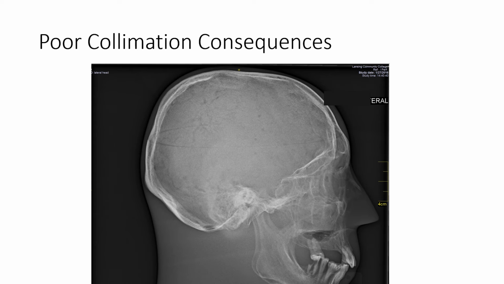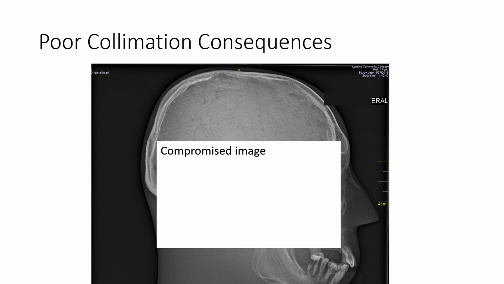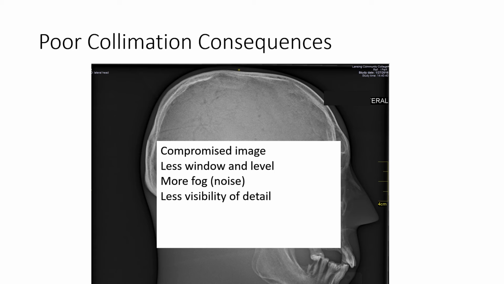To summarize, poor collimation contributes to an image that doesn't transmit all of the diagnostic details that it could. It will restrict the ability of the radiologist to control the window and level to highlight hidden features on the image. The image will be fogged or noisier, obscuring the visibility of small details.